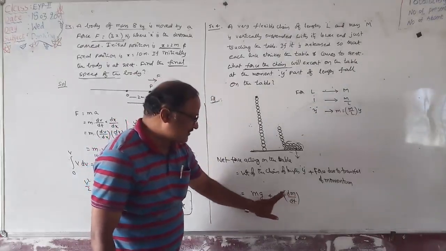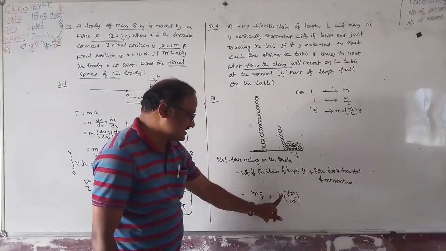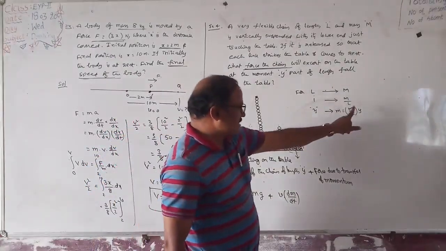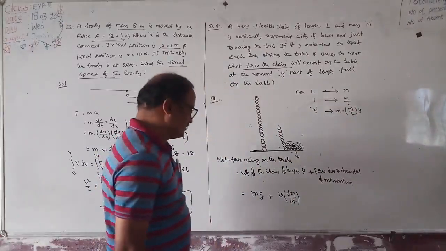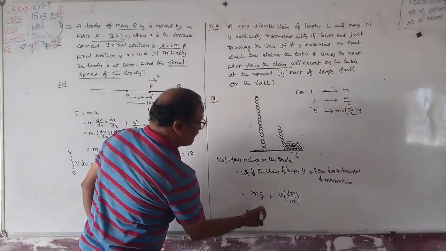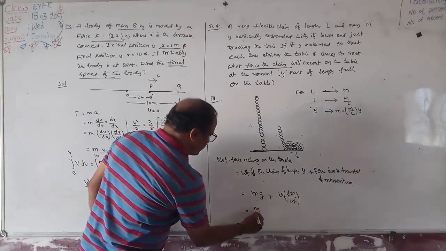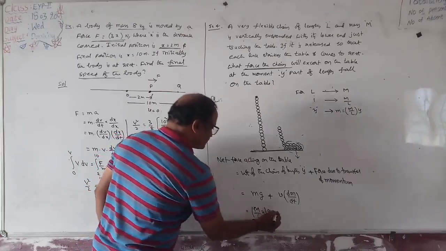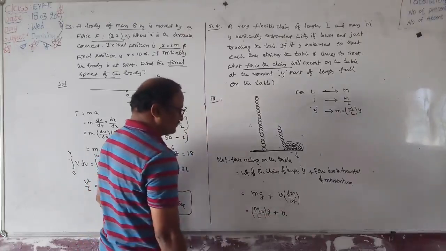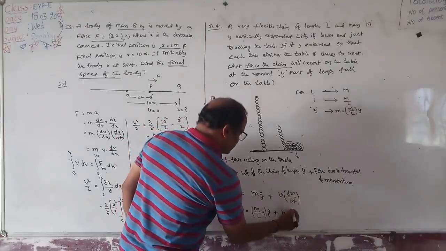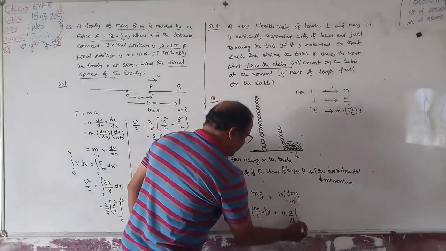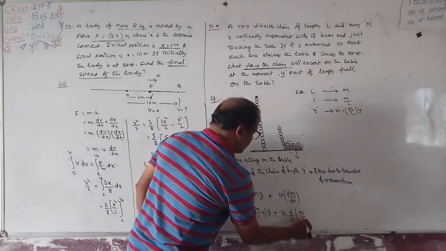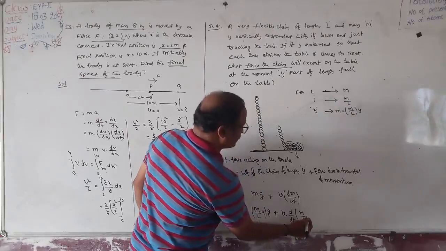If mass is variable and velocity is constant, the force needed is equal to V into dm by dt. But what is small m? Small m is replaced by capital M by L into y. So you could replace it. Small m g is equal to capital M by L into y into g plus V into dm by dt, where d by dt of m is replaced by capital M by L into y.